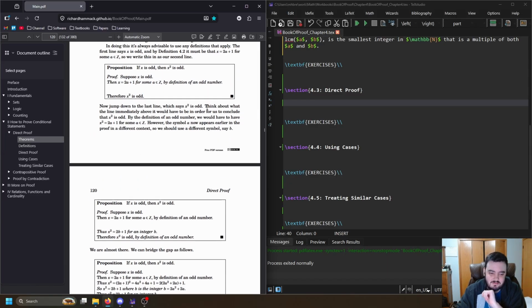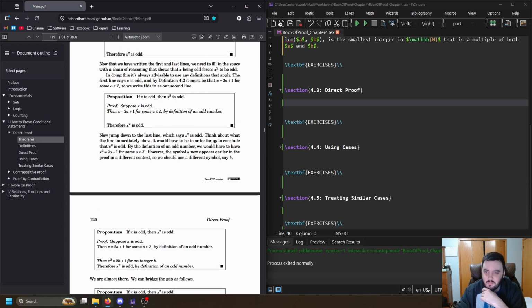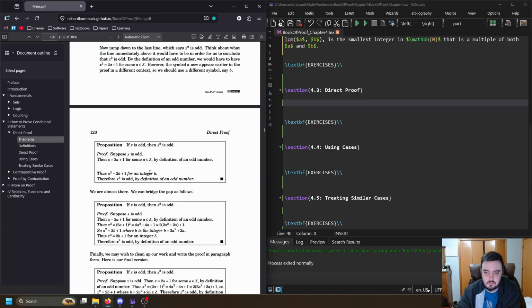That's not what I would do, but okay, you can do this. You don't have to do that, though. Think about what the line immediately above it would have to be in order for us to conclude that x squared is odd. By the definition of an odd number, we would have to have x squared equaling 2a plus 1. I see why they're saying this. You should think about where you're trying to go with the proof, so that makes sense. However, the symbol a now appears earlier in the proof, so we should use a different symbol, say b.